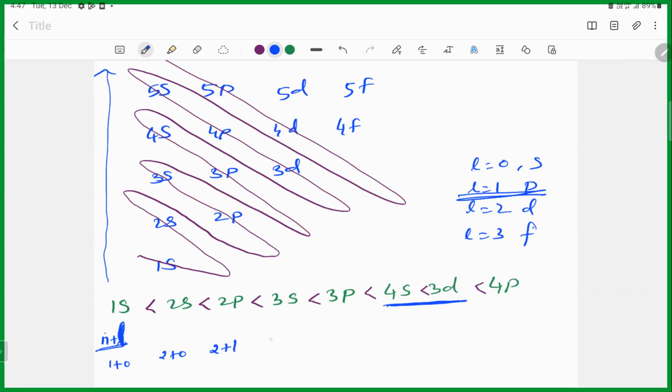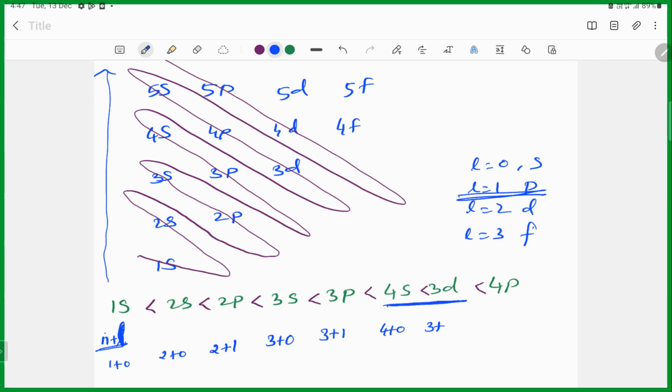For 3s orbital, 3 plus 0. 3p orbital, 3 plus 1. 4s orbital, 4 plus 0. For 3d orbital, 3 plus 2.